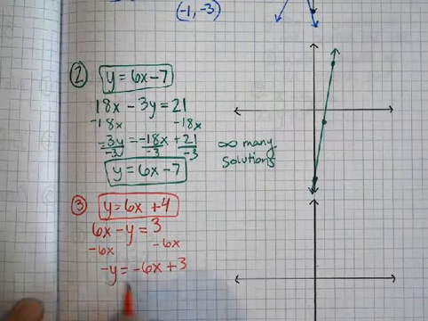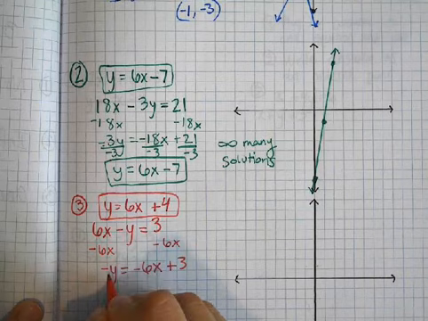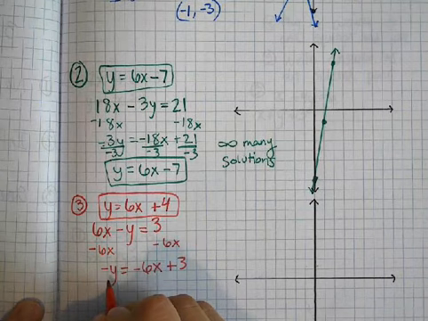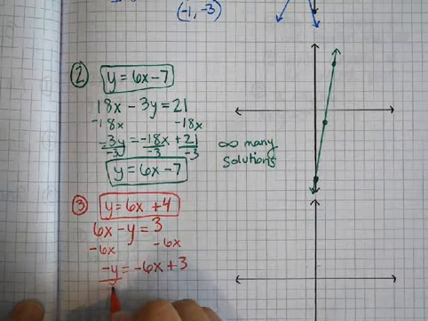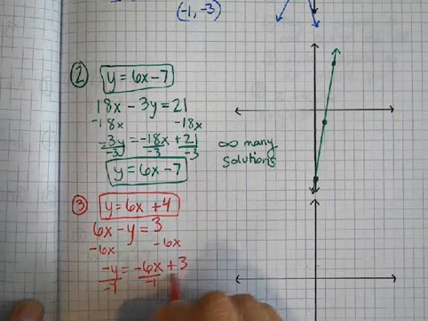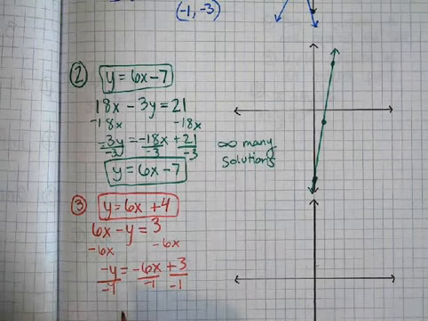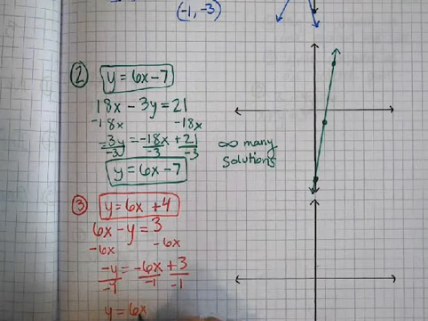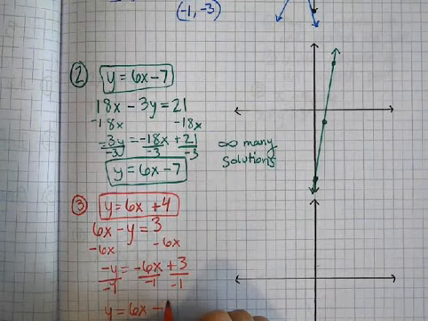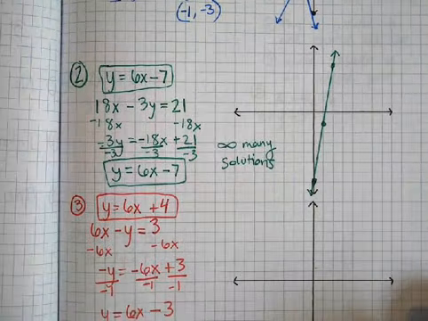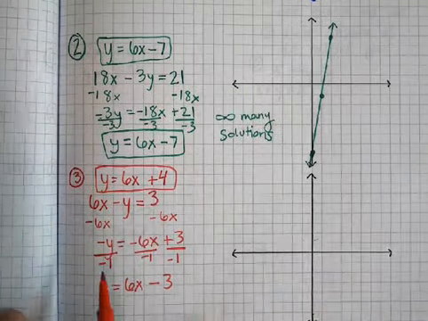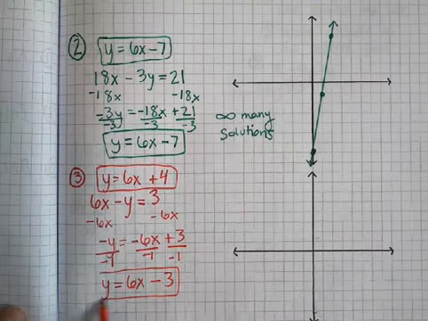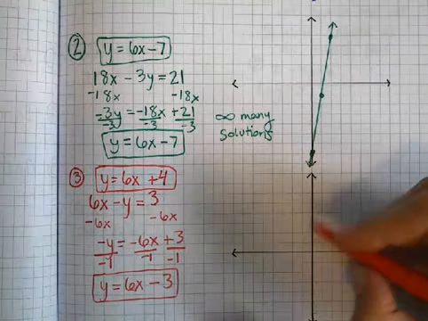Now we don't want that to be negative y. We want it to be a positive y. So remember, there's a little invisible 1 in front of the y. So we're going to divide everything by negative 1. And then I'm left with y equals 6x minus 3. And this is something that I can graph.